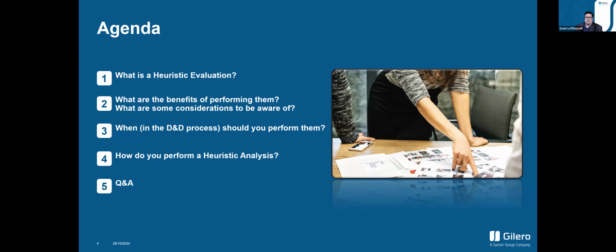And of course, most importantly, which is the reason we're here today, we'll describe how to do them and some tips and tricks that we've learned along the way to help them be effective and impactful to your product. And at the end, we'll leave some time for Q&A. So feel free to enter any questions you might have in the Q&A question box as we go along, and at the end, if we have time, we'll get to as many of them as we can.